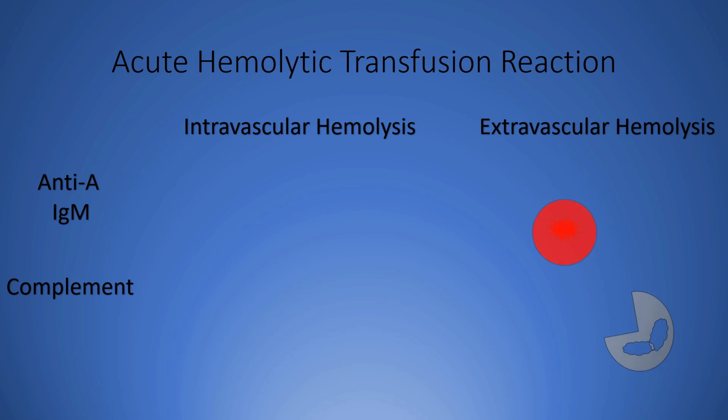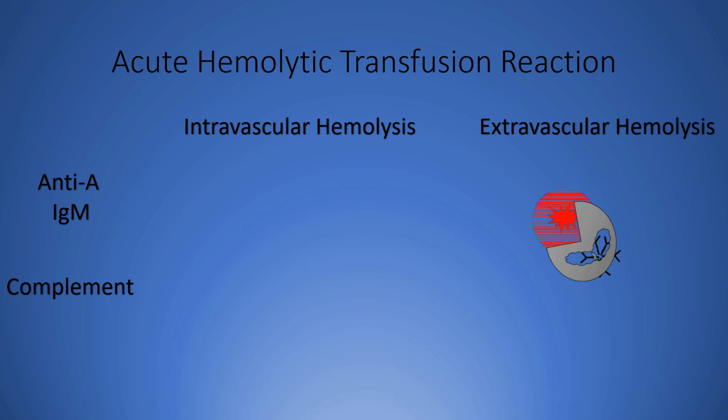In extravascular hemolysis, we see hemolysis happening in the reticuloendothelial system, or the spleen. Inside the spleen, we have phagocytizing white blood cells. In this case, we have an image of a macrophage, a white blood cell. When this red blood cell is sensitized with that IgM antibody, the macrophage recognizes this and phagocytizes or consumes the red blood cell.